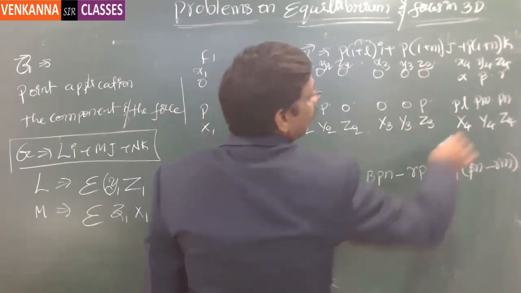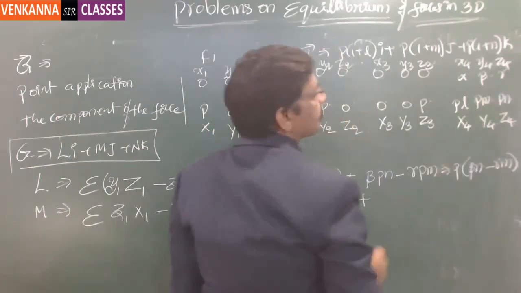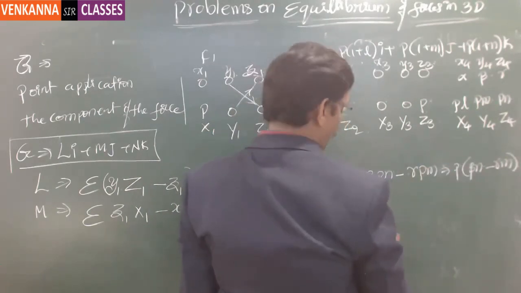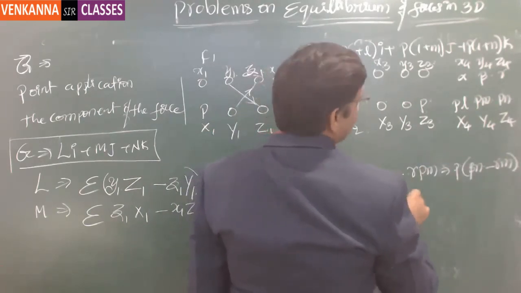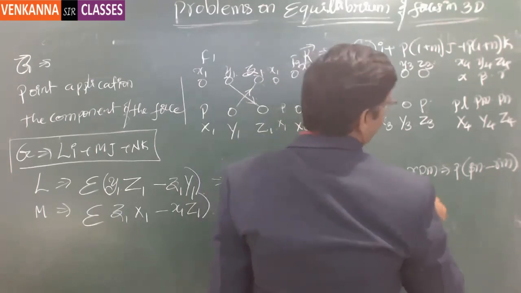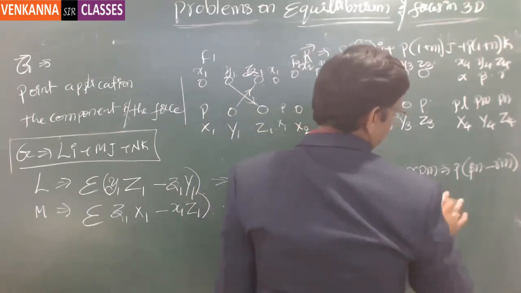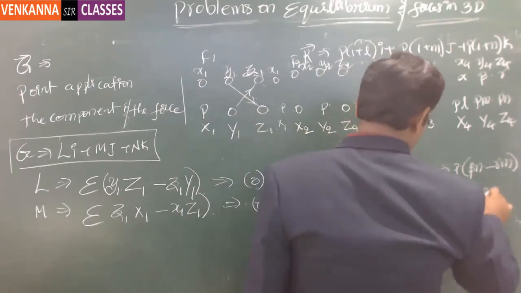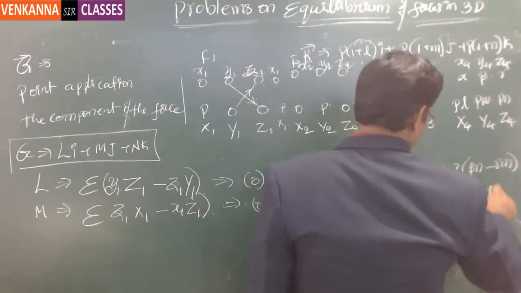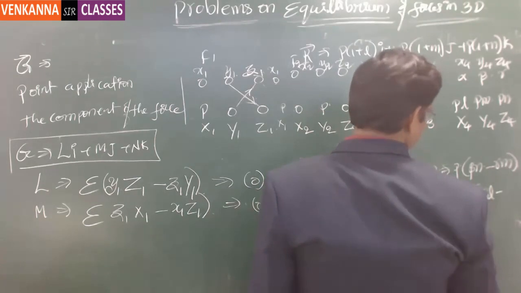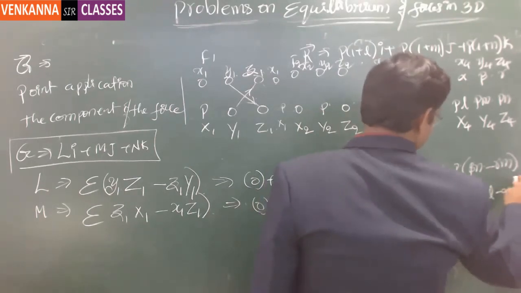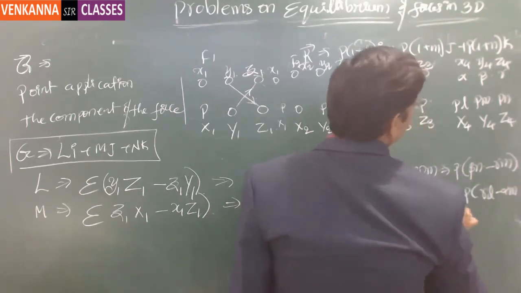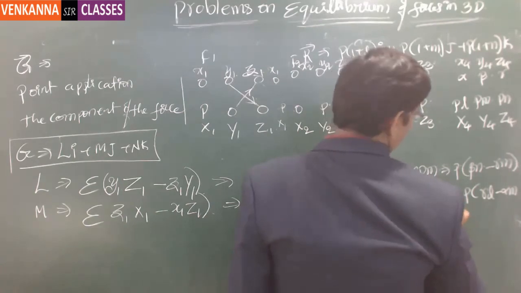And then gamma into PL minus alpha into Pn. So this is P times of gamma L minus alpha M.